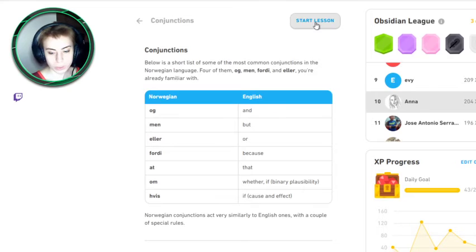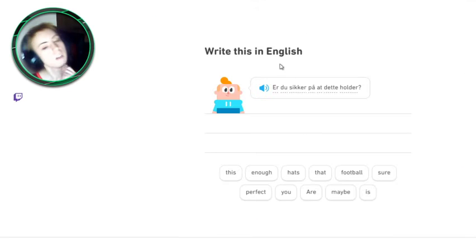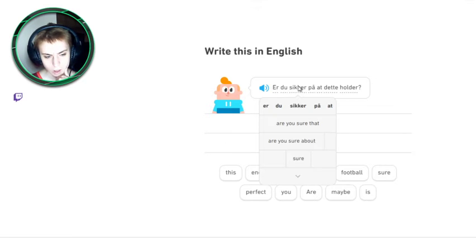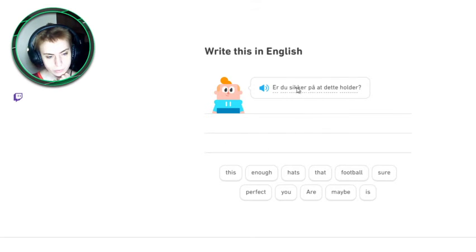Let's jump into it. Er du sikker på at dette holder? Are you sure? Okay, I don't think we've had this word before. Sikker. Er du sikker på at dette holder?